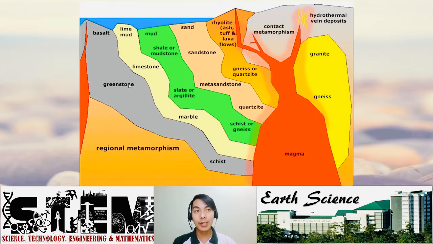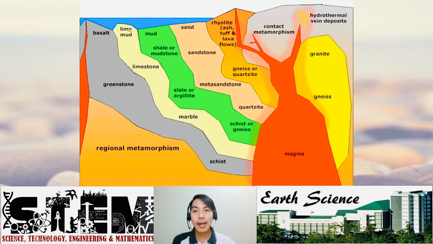That's why it changed into a metamorphic rock, greenstone. Or a basalt may also turn into schist when it is subjected to heat and pressure, with pressure coming from the weight of the rock deposits on top, and heat coming from the nearby magma chamber. So from basalt, it was transformed into a schist.